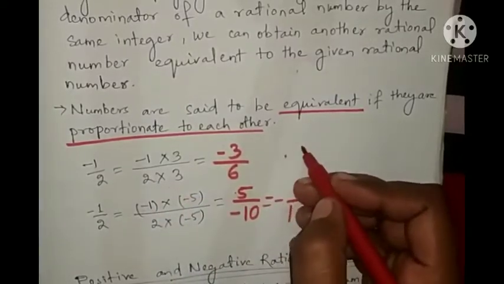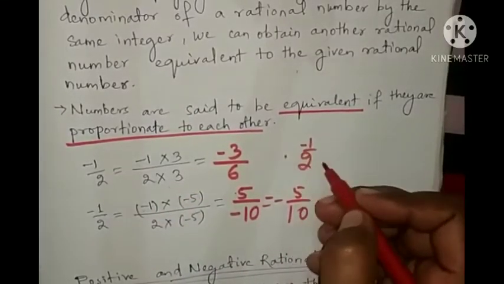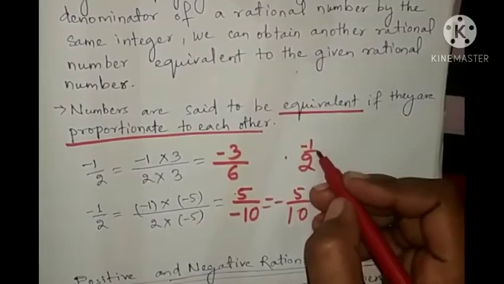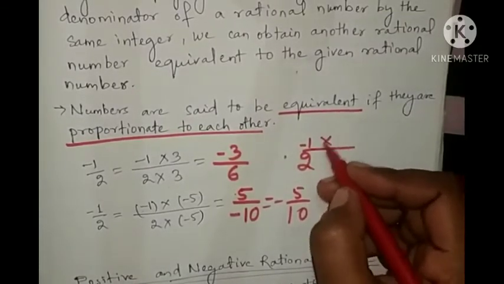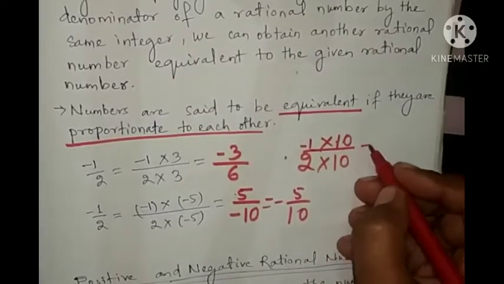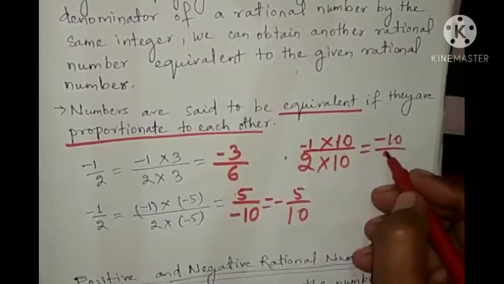Next, if we find another equivalent fraction, if I multiply by 10, what will I find? Minus 10 by 20.